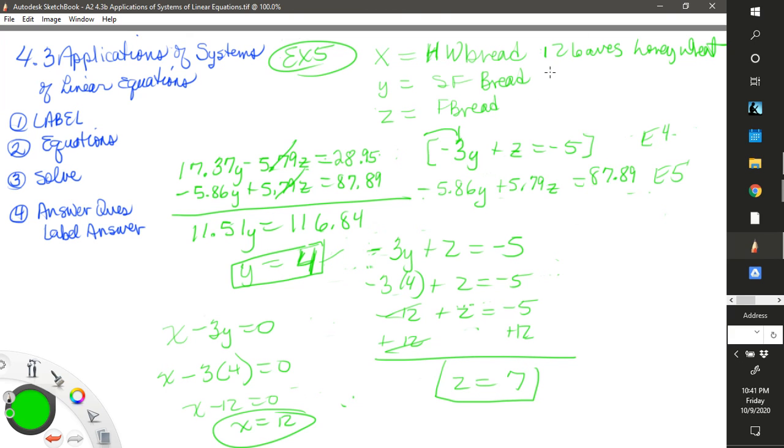So we had 4 loaves of sunflower. And Z corresponds to French bread. And we had 7 loaves of French bread. And that becomes our answer.